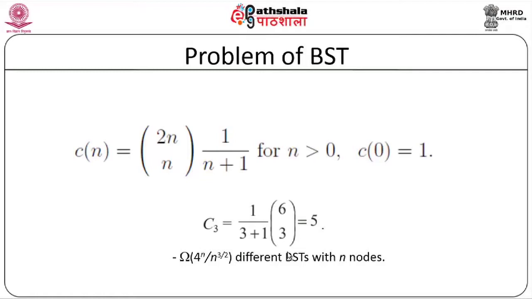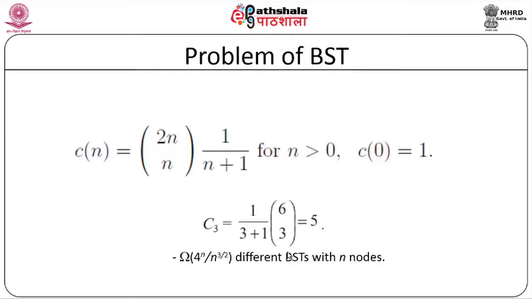For example, to compute the third Catalan number, it is 1 by 3 plus 1, then 6 C 3. You can see that it is going to be 5. This Catalan sequence tells us how the possibilities increase with the value of n.